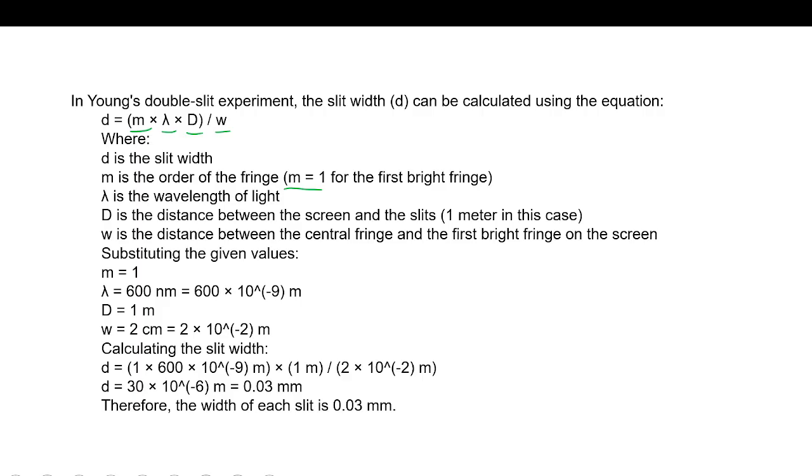Then capital D is the distance between the screen and the slit, 1 meter, already given, and W is the distance between the central fringe and the first bright fringe on the screen.